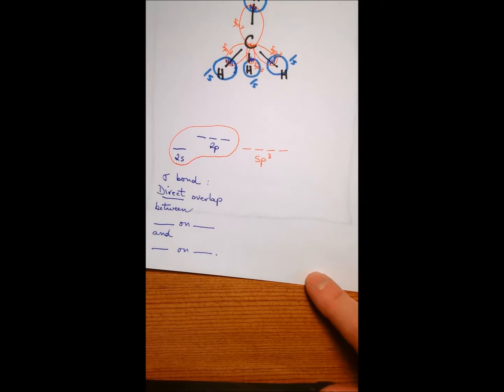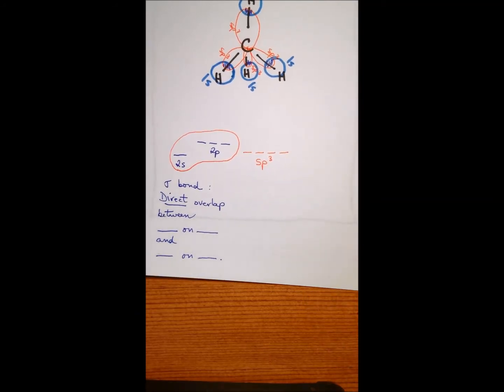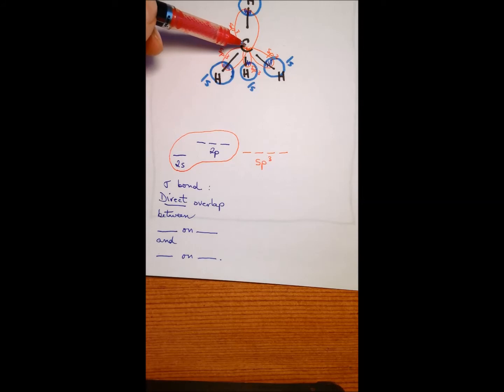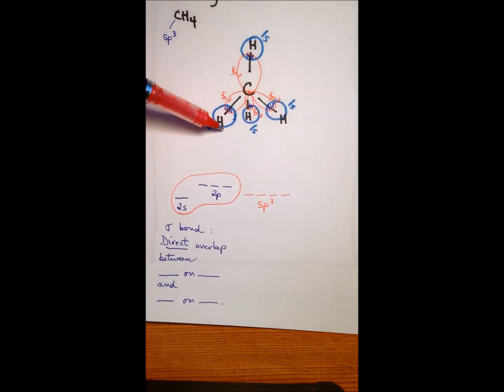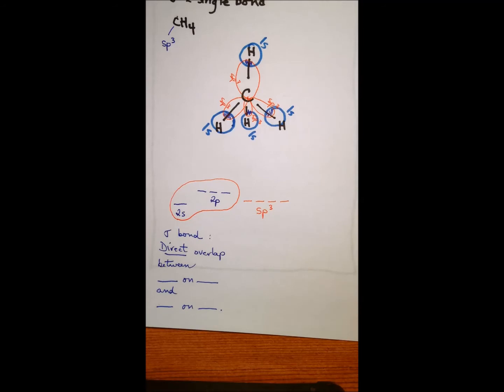Because that's what these bonds are. They are overlaps of atomic orbitals. Now I'll fill it in for this specific case. I am describing the sigma bond between the carbon and the hydrogen, and I'm not describing any one in particular because they're all identical. So I only have to write one description and that covers it all.